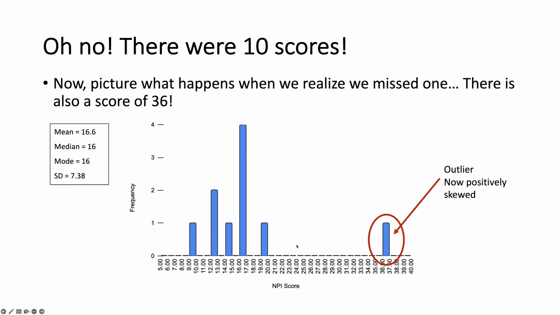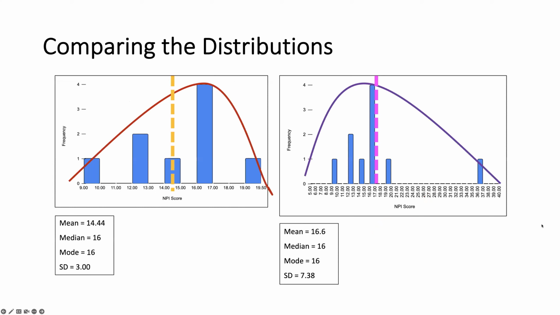Their score is pulling the mean up, making it higher. So this outlier is pulling the mean up, and now we have a positively skewed distribution.